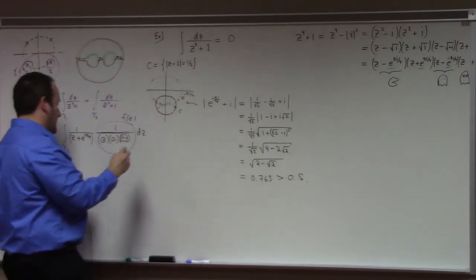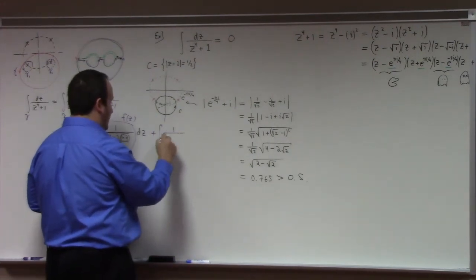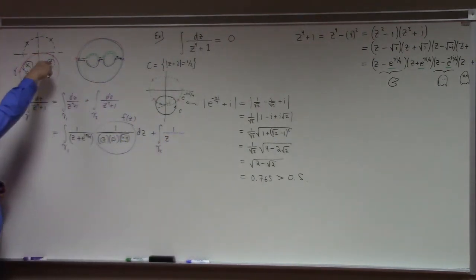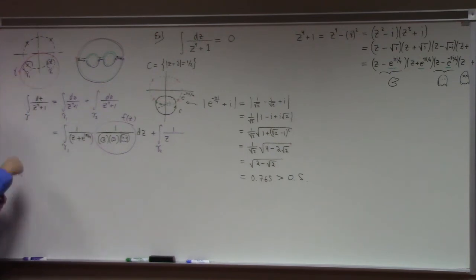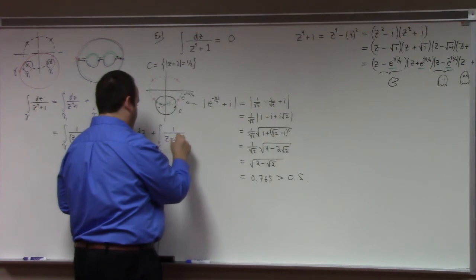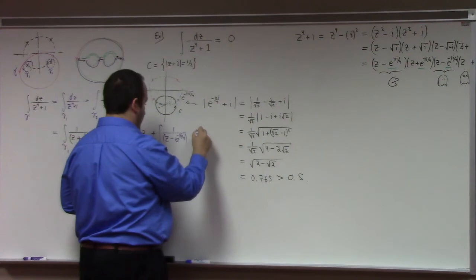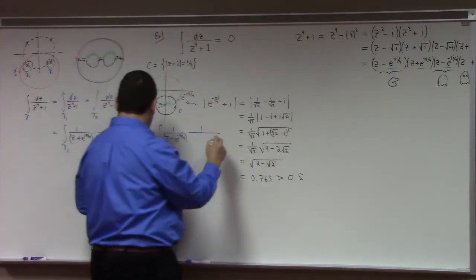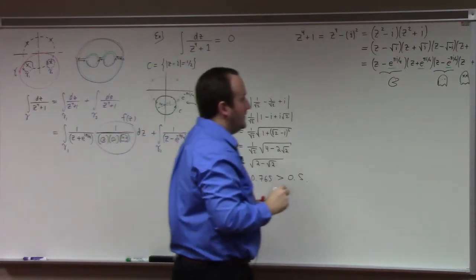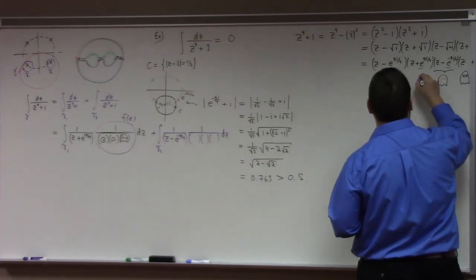But on the flip side, for gamma 2, I've got 1 over what? Well, what's the offending factor? The thing that's singular right here is z minus e to the minus pi i over 4. And let's see here. I'll make this be a stick figure.